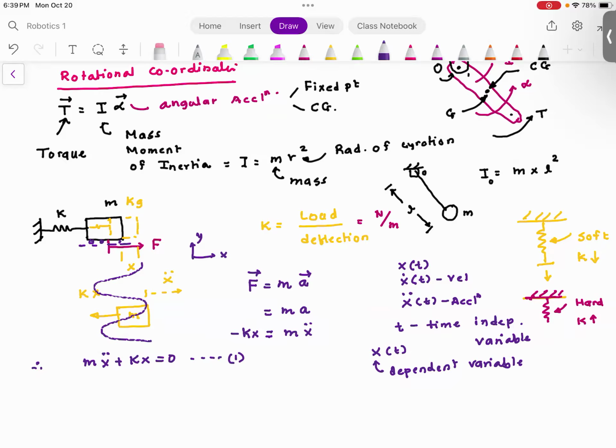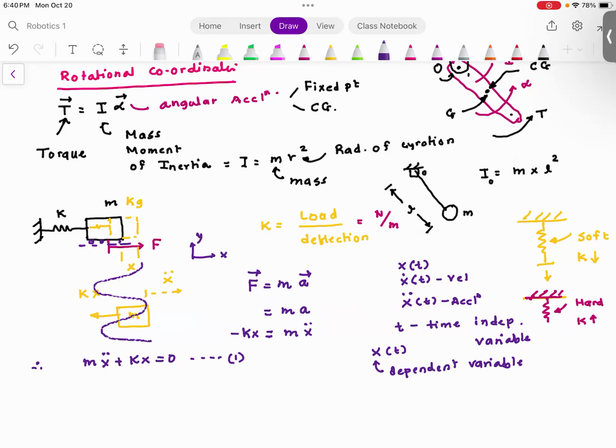Everyone understood this? Solution of any equation is you try to find a number or a function that, when you substitute it in the equation, makes the left-hand side equal to the right-hand side. Everyone understood this?